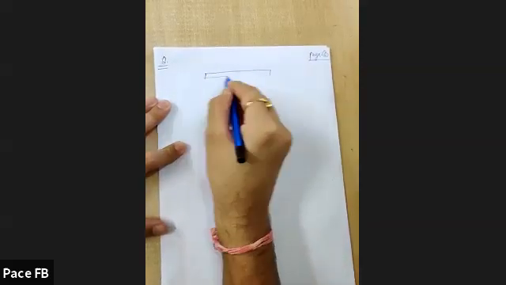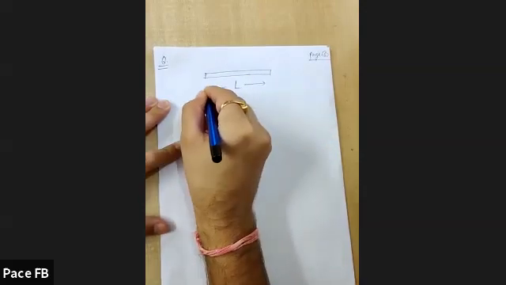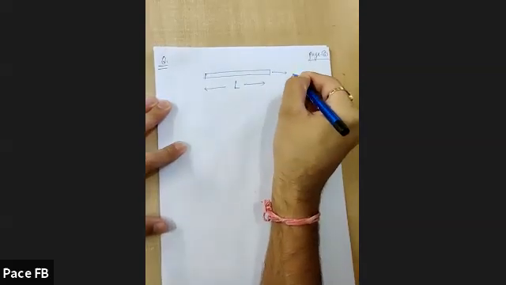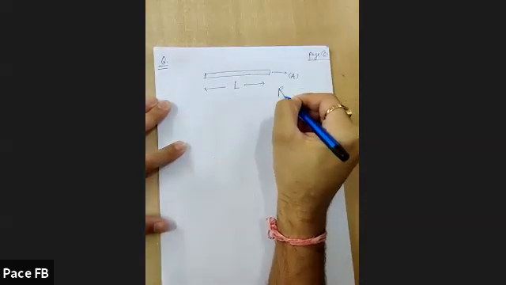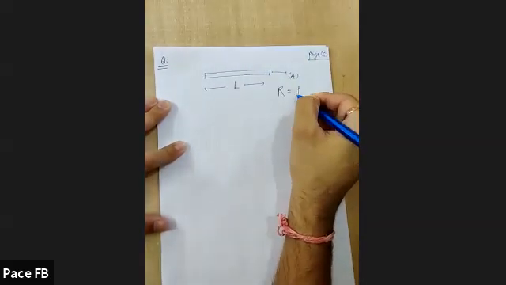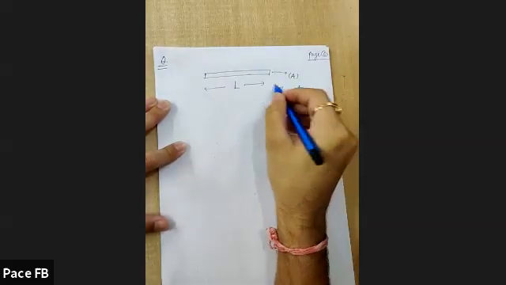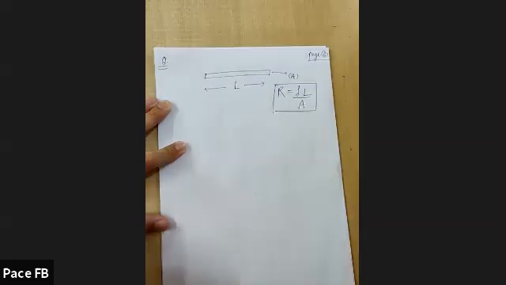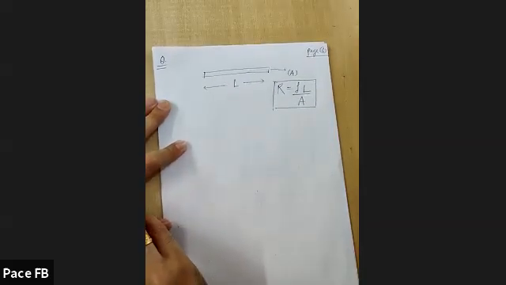Initially, if there is a wire, you can assume that the length of this wire is L, cross-sectional area of this wire is A, and resistance of this wire is R. Resistivity is rho L by A. What is the value of the fraction? Half is not correct.